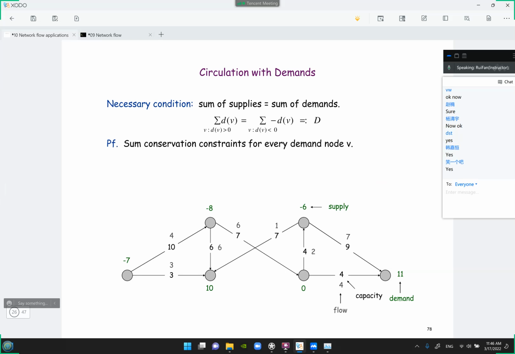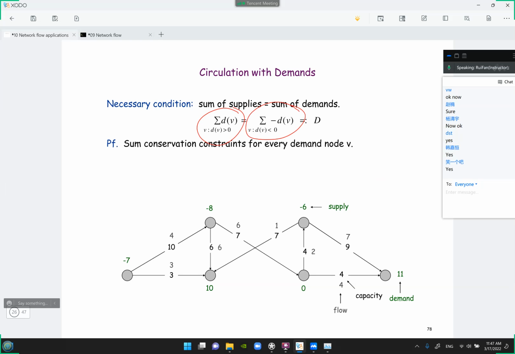This is a necessary condition for there to be a circulation: all of these demands have to add up to 0. In other words, all of the positive demands have to equal all of the negative demands.